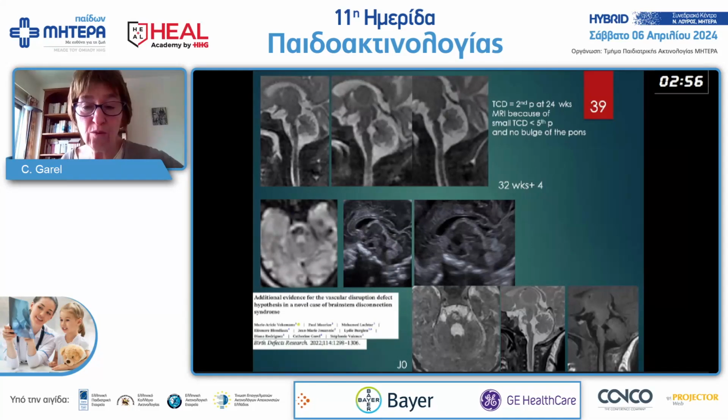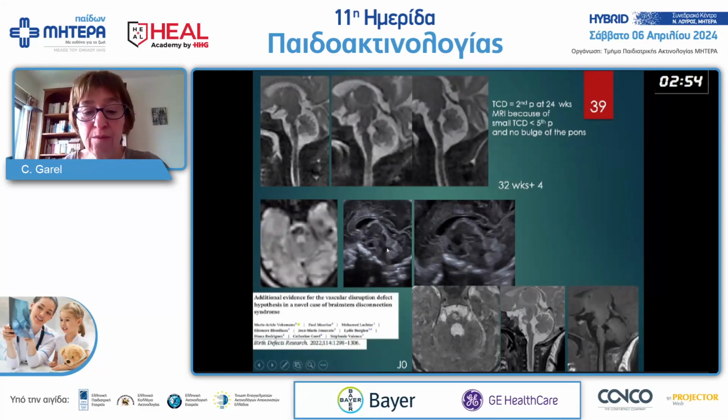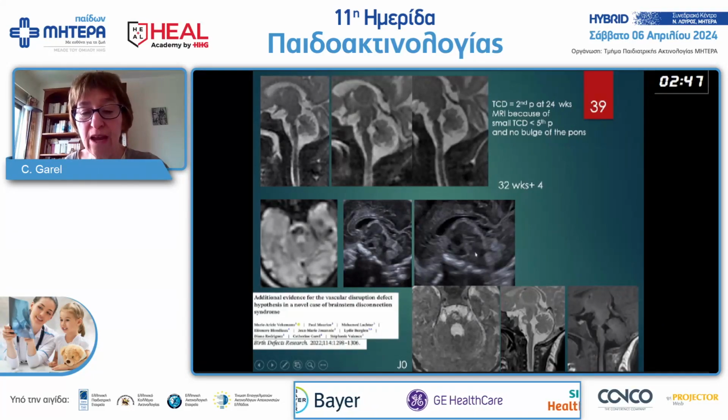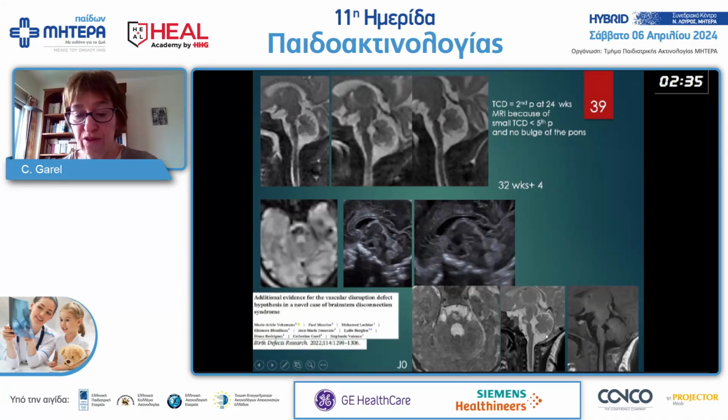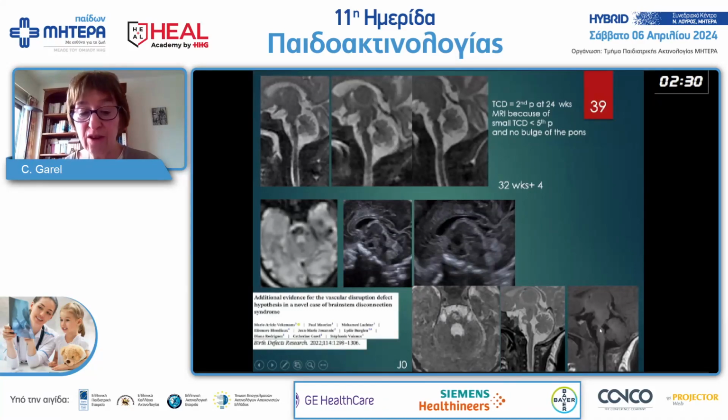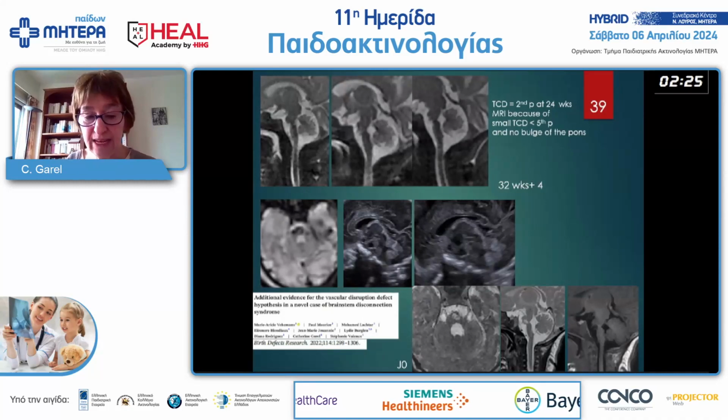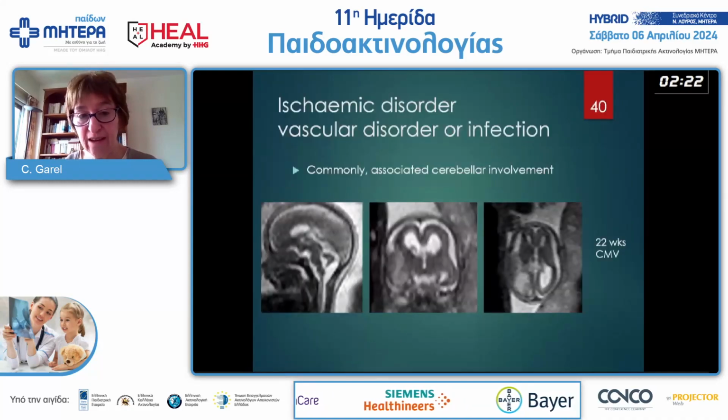MRI was performed because of the small cerebellum. What we can see here is that there was something abnormal, a heterogeneous mass at the level just before the pons. And we observed both prenatally and postnatally, because this mother wanted to continue the pregnancy, that there is a kind of disconnection of the brainstem, and we see here that the cause is the vascular disruption effect.